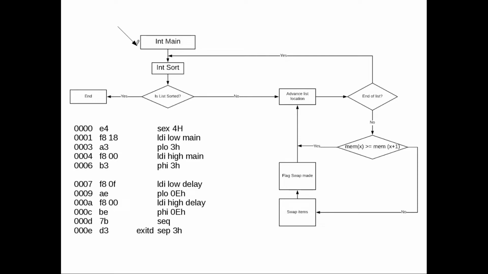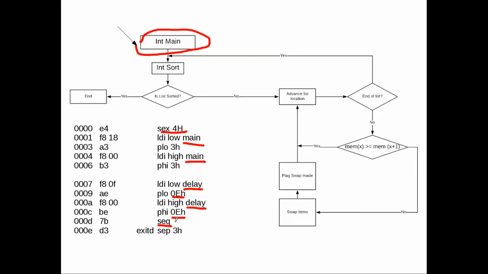So first we initialize the main program. And that's this part of the code right here. We set the X register as register 4. We load the location of the main program into register 3. We load the location of the delay subroutine into register E. And then we set Q. Setting Q marks the list as unsorted.